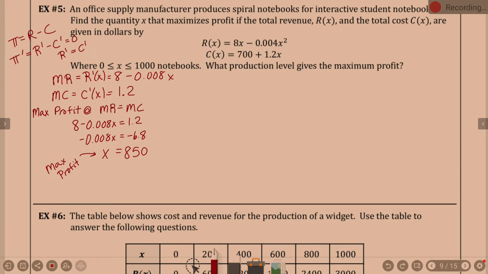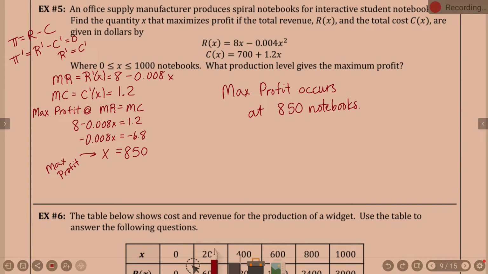Okay, so I want to keep us moving here, and I'm slowing us down. So max profit occurs at 850 notebooks.